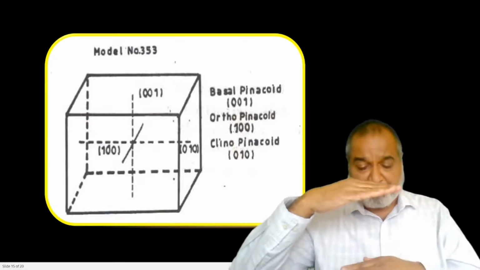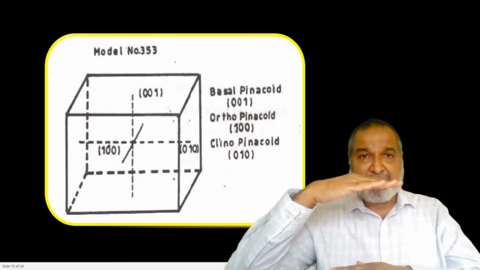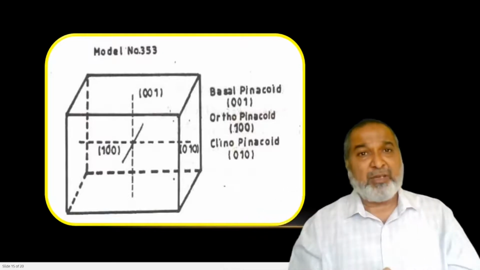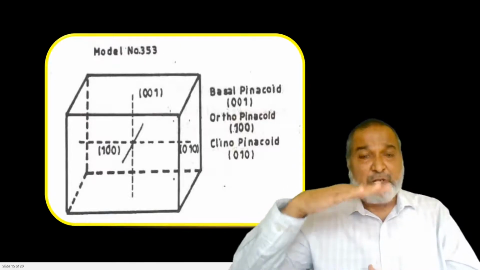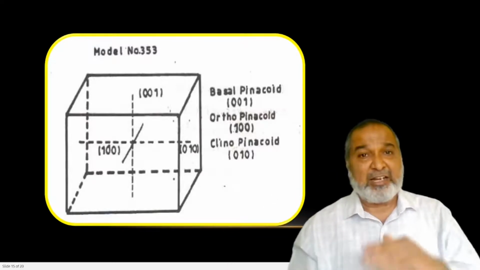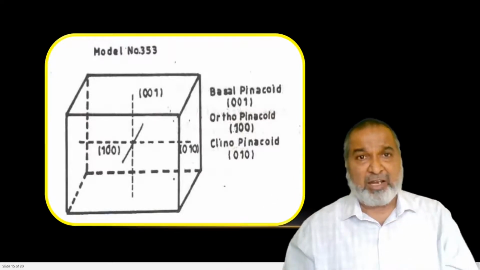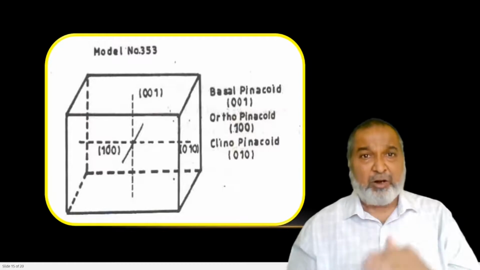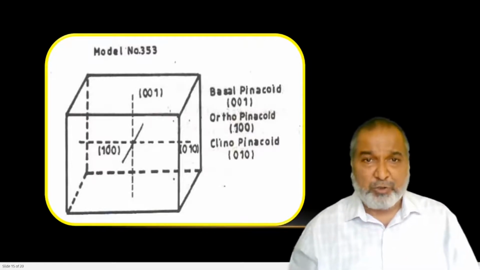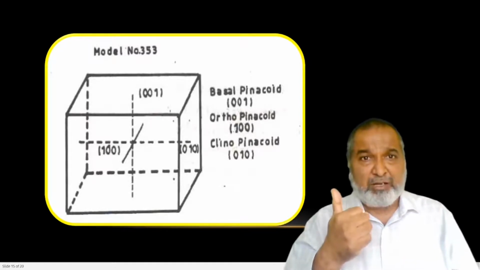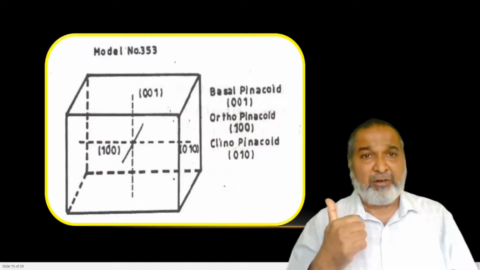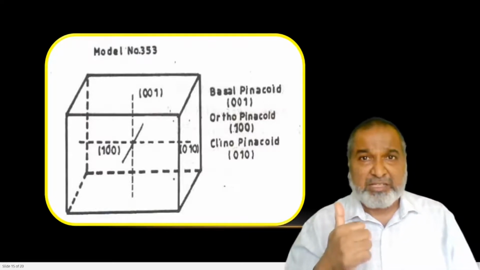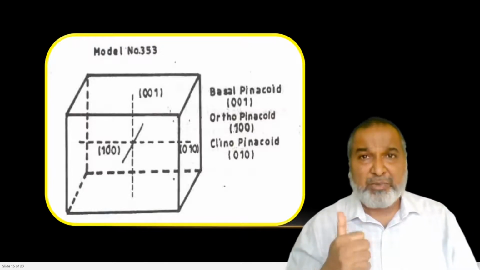And the third one, the pair on the top and bottom, is parallel to the B axis, but it is cut by the C axis, and it is the base on which the model can rest. So it is the C or basal pinacoid. So here we have the A pinacoid, B pinacoid, and C pinacoid, or you can write front pinacoid, side pinacoid, or basal pinacoid.